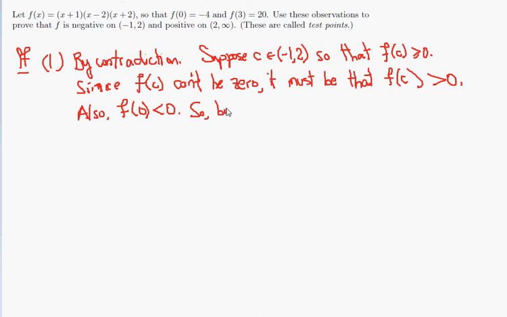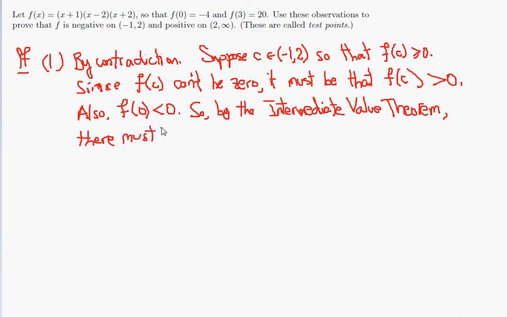So by the intermediate value theorem, and we are allowed to use the intermediate value theorem because f is a polynomial and hence is continuous, there must be a number t between 0 and c so that f of t is equal to 0.